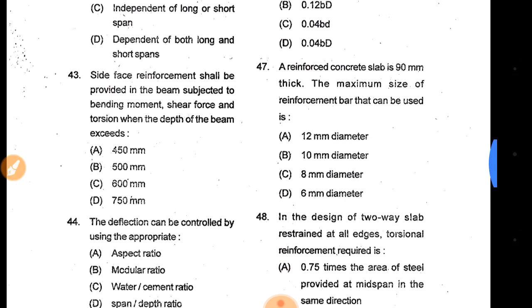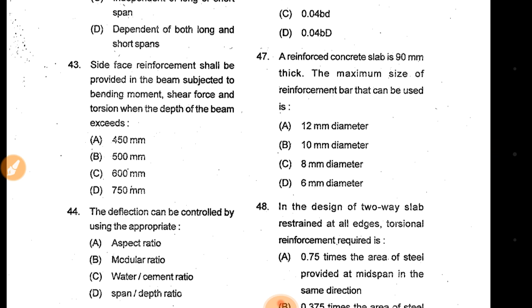A reinforced concrete slab is 90 mm thick. The maximum size of reinforcement bar that can be used is 12 mm diameter, 10 mm diameter, 8 mm diameter, or 6 mm diameter.